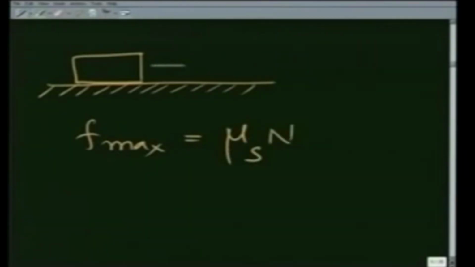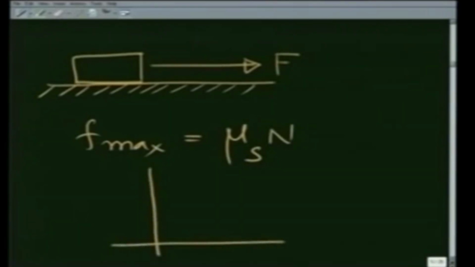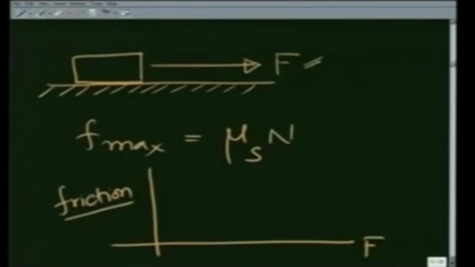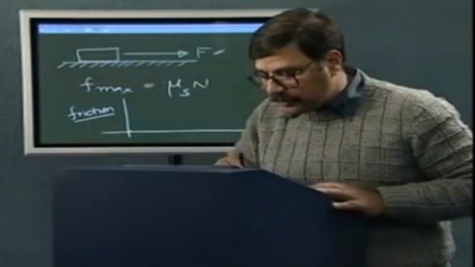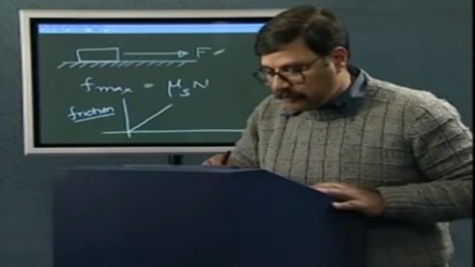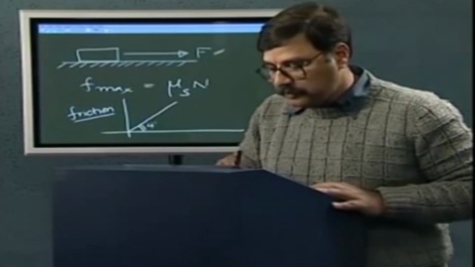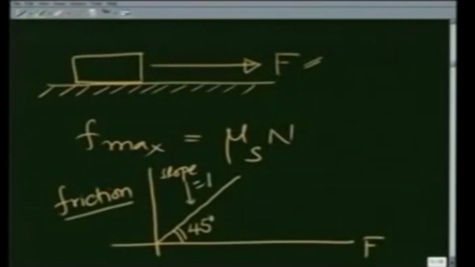If I apply a force here, the frictional force adjusts itself so that the body doesn't move. If I plot the frictional force against the applied force F, you would see that the frictional force goes exactly as F, this angle being 45 degrees, so that the slope of this line is equal to 1.